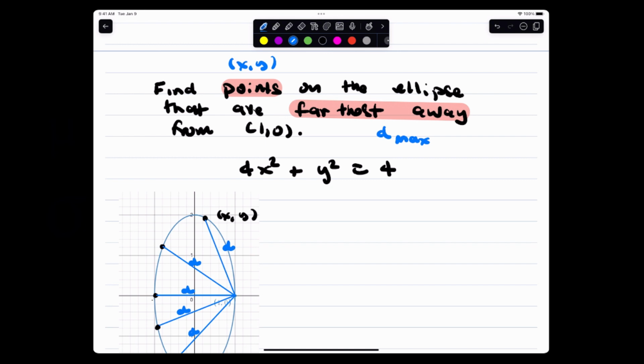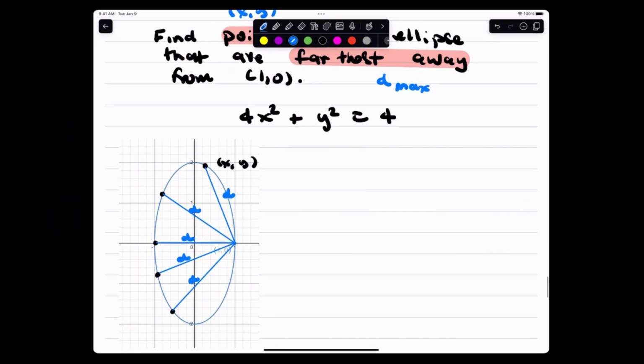So it's no coincidence that this distance formula rears its head, just like in an example that we did yesterday. We did a minimum distance yesterday. Now we're going to do a maximum distance. You guys see my point on this? Now that's the curve here.